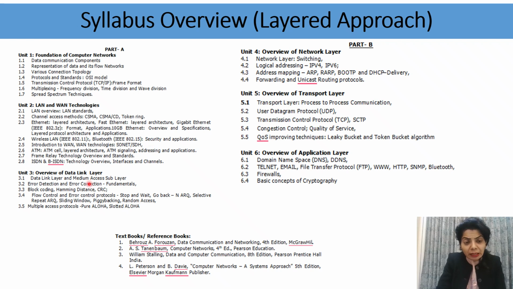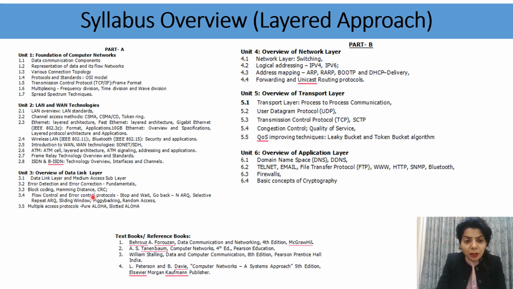Then coming to the data link layer, you will be studying the functionality of the data link layer and the various associated protocols. I would like to mention that this unit is again very important from the industry point of view as well as the competitive point of view, because it's a numerical-intensive unit. Many numericals are usually asked from this.